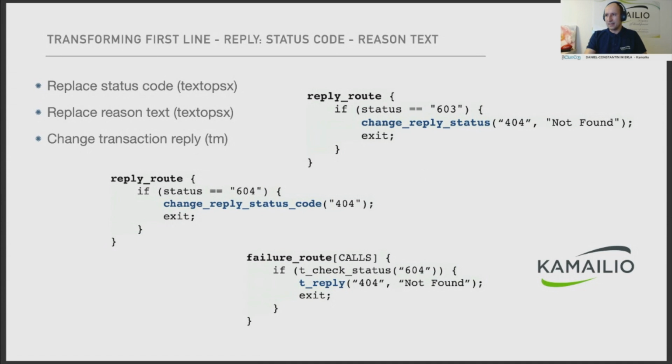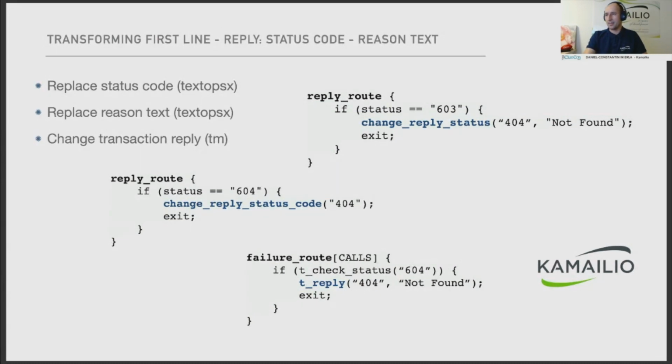In that case, in the failure route, you can change the reply code and text, status text, with the t_reply function. So no matter what's received from the next hop, you can overwrite it, and Kamailio will generate and update the transaction state to the new values.